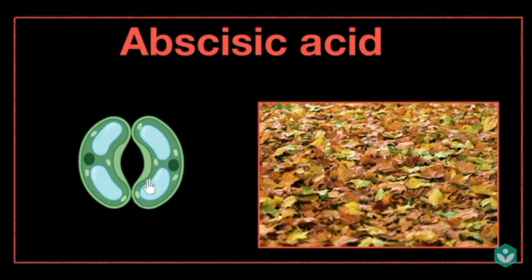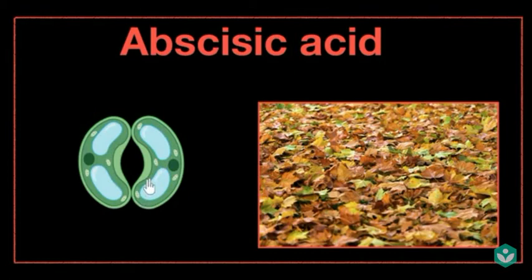Another function of this abscisic acid is to close the stomata. Remember what stomata is? Stomata are the tiny pores present in the leaves, which help the plant to remove excess water from the plant body through the process of transpiration. Or you may study it like this: the loss of water in the form of water vapor is called transpiration.